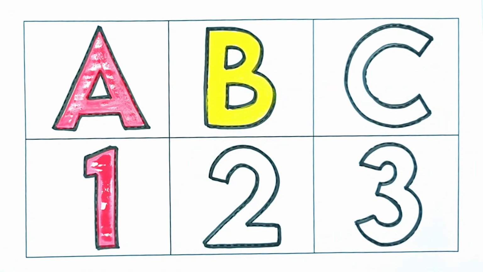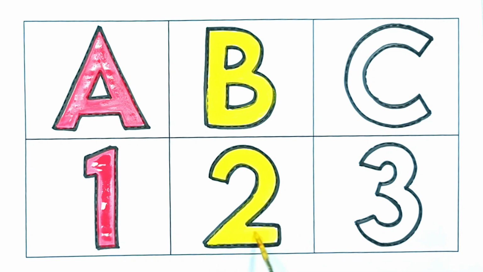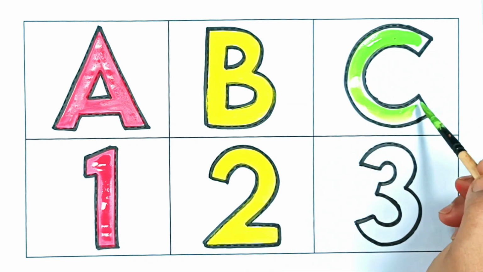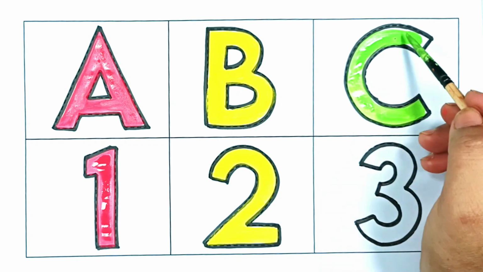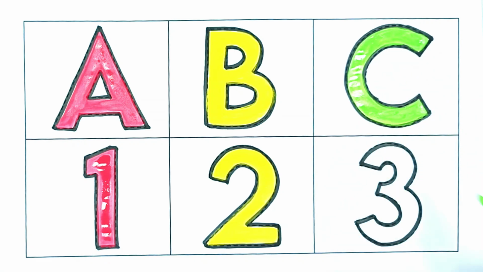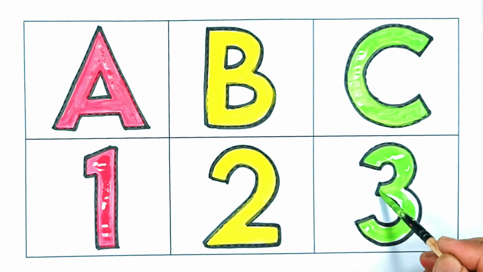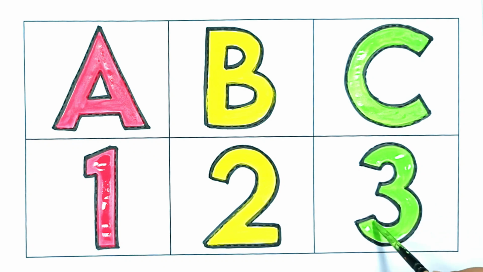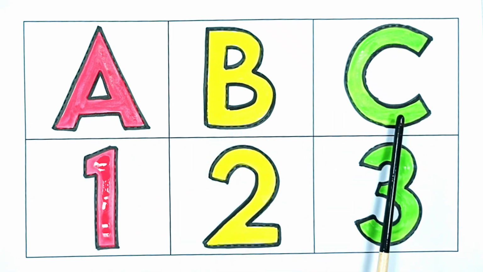B for ball. 2. 2. C for cat. C for cat. 3. 3. A, B, C.